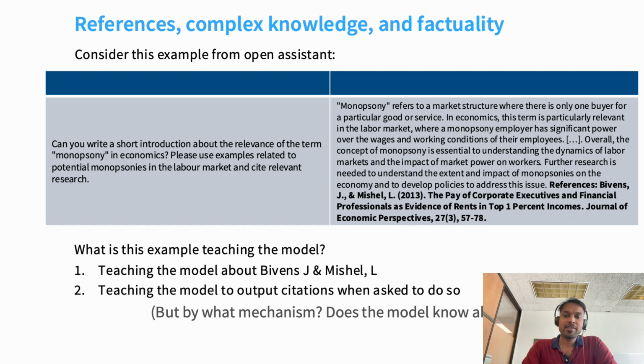So one possibility to address many of these concerns is to, why not take a complex data set? Why not take a data set which has complex knowledge, which is very factual and which has references as well?